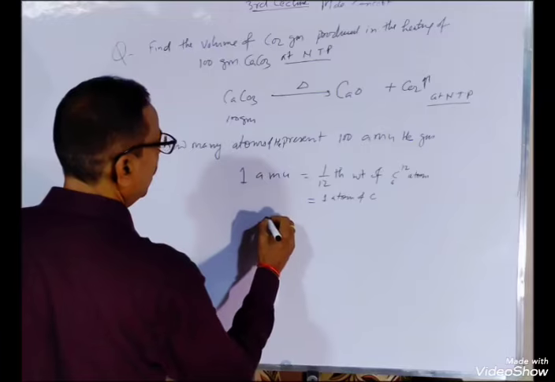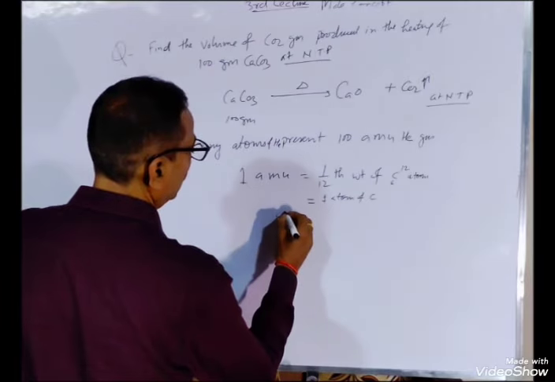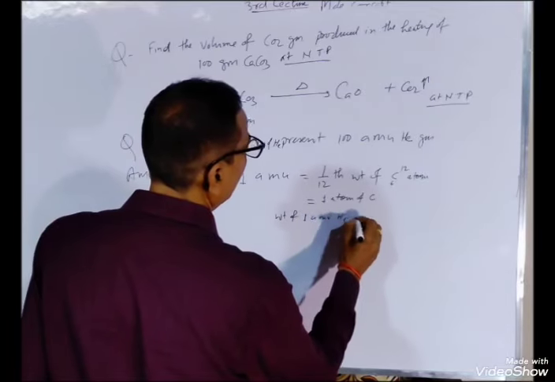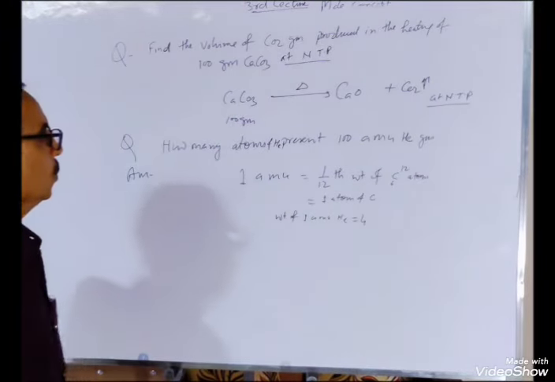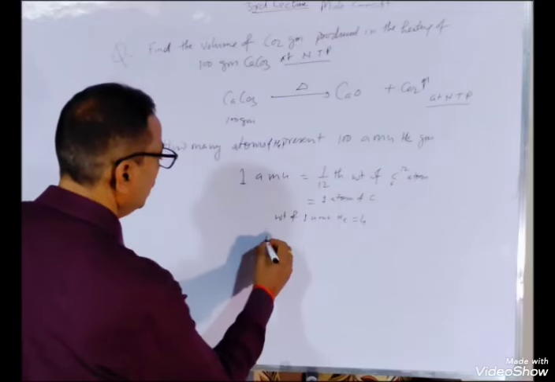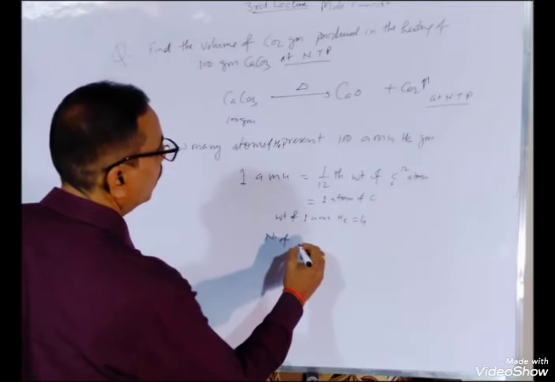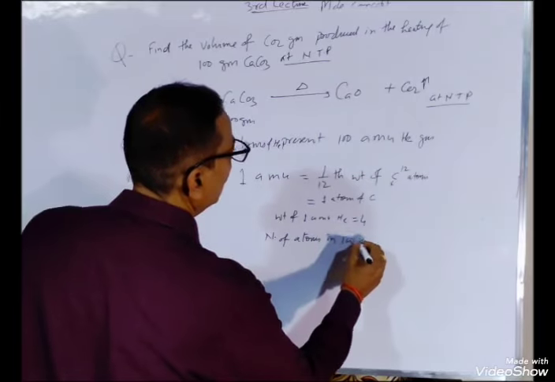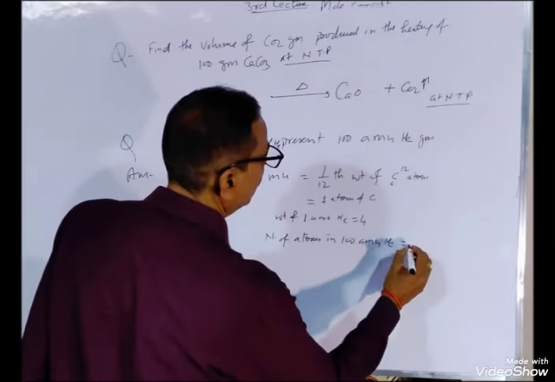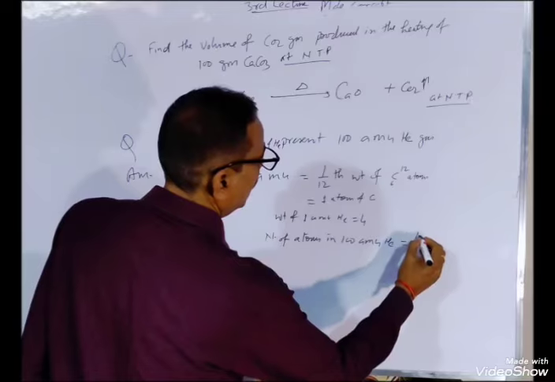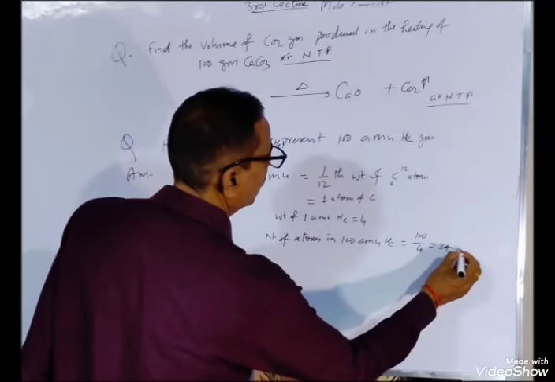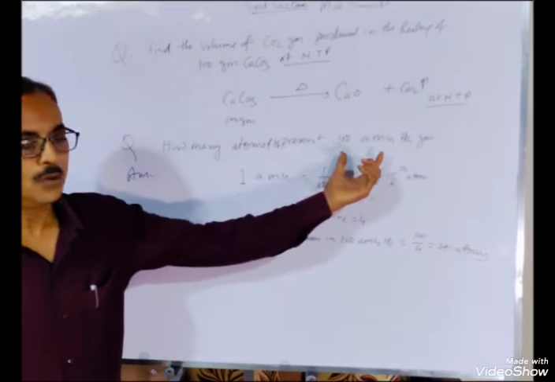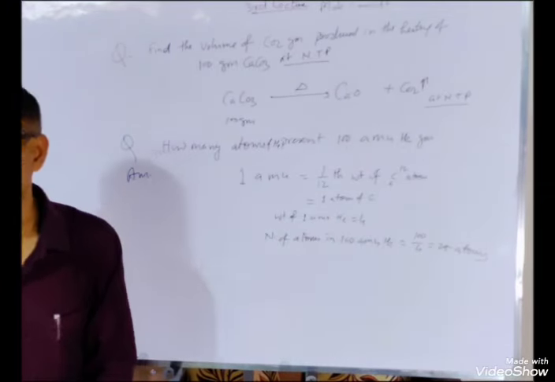Similarly, the weight of 1 atom of helium is 4. So the number of atoms in 100 AMU of helium is 100 divided by 4, that is 25 atoms. So 100 AMU helium will contain 25 atoms.